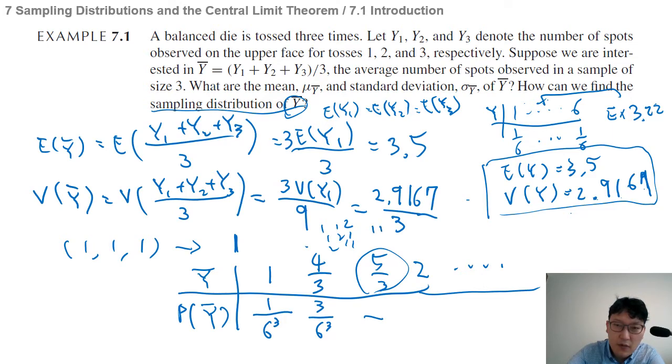It's 1 1 3 and 1 2 2 combinations. The combinations for 1 2 2 and for 1 1 3 are 6 in total, so 6 over 6 to the 3. And similarly, we can calculate the probability for each event. That would be the sampling distribution for y bar.